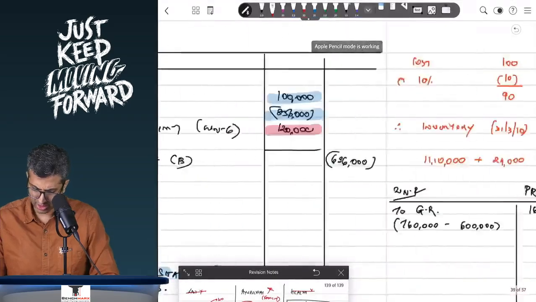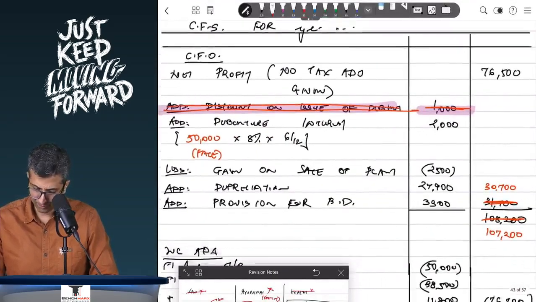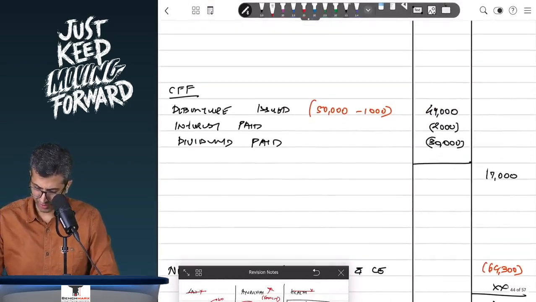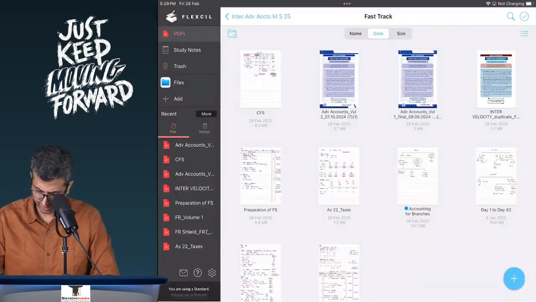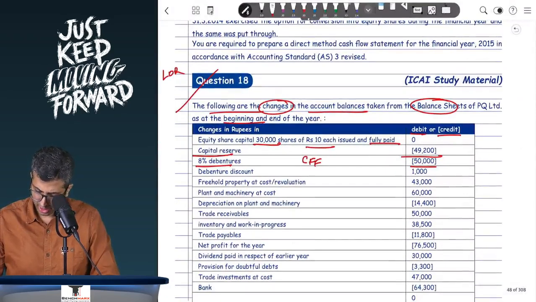So if I look at question number 18, I believe, there will be a cash flow from financing, usually of 50,000. We will see ahead if there is any problem here. Okay, debenture discount. So maybe this is issued at a discount and hence your net 49,000 must be received.